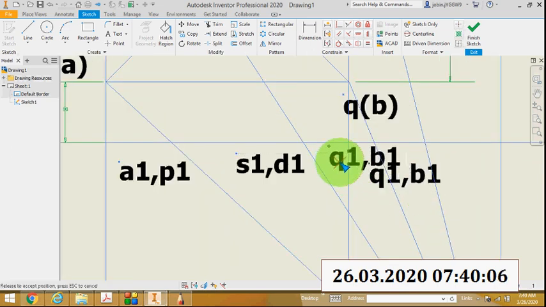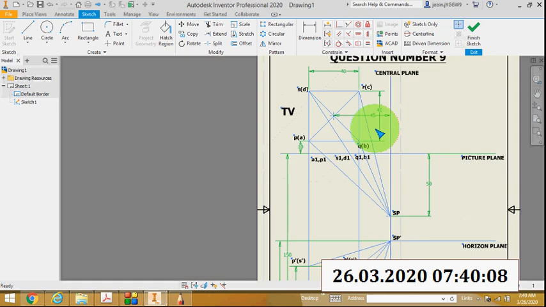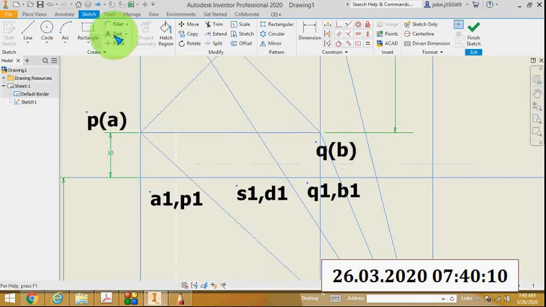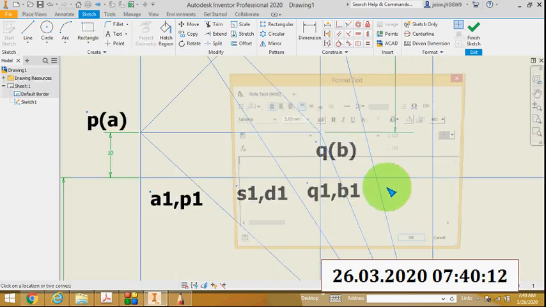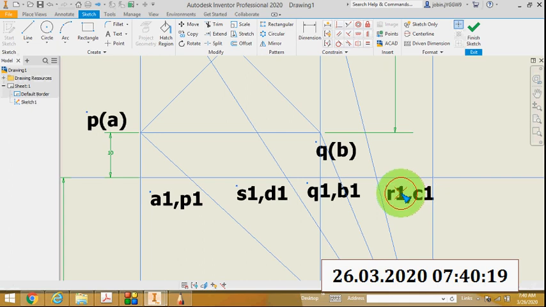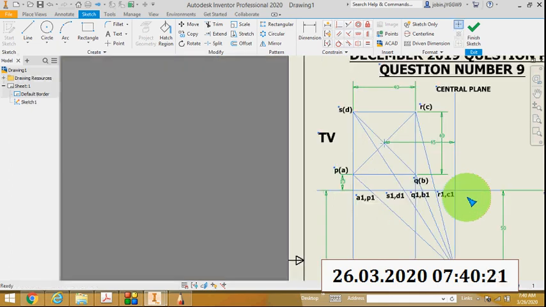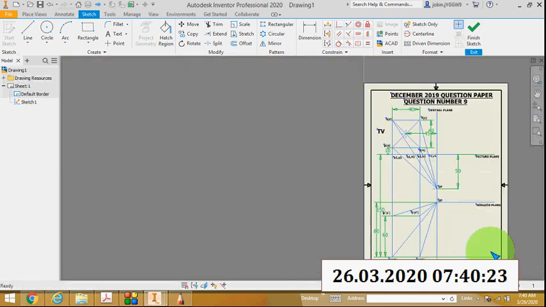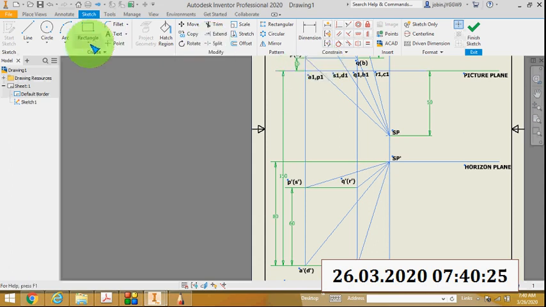And then this point is R and C, so this is R1, C1.